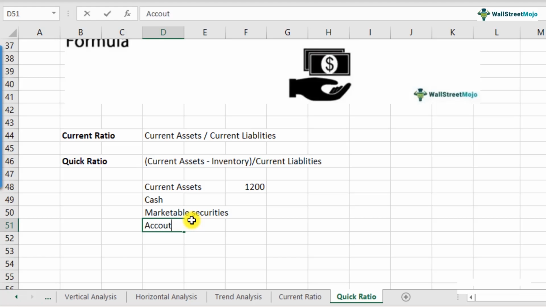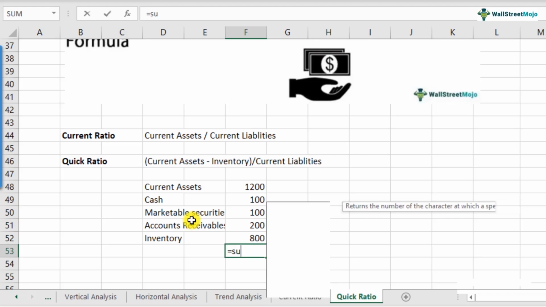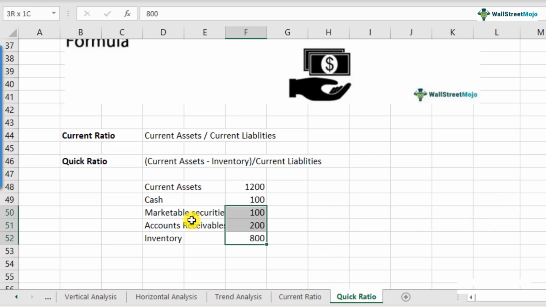Accounts receivables, and then let's say inventory. So let's assume we have these 4 types of current assets. And I'll also give you the bifurcation: 100, 100, let's say this is 200, and inventory, for argument's sake, is 800. So the sum total is 1200.